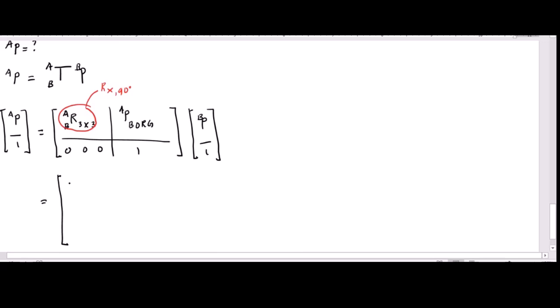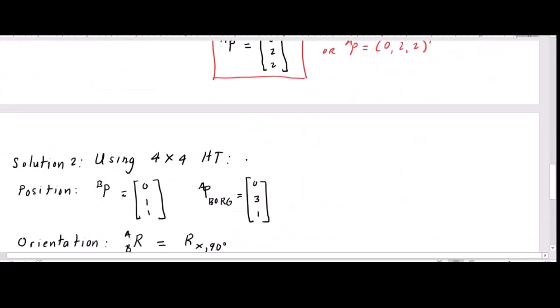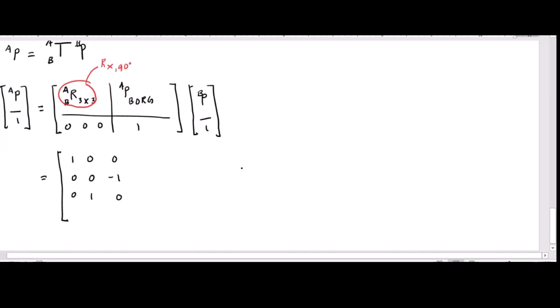That is 1, 0, 0, 0, 0, 1, and 0, minus 1, 0. That is the Rx 90 degrees. Okay. Then the inserted 3 zeros to compensate the 4 by 4, it will be here.